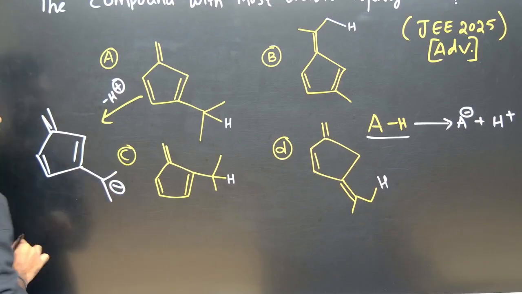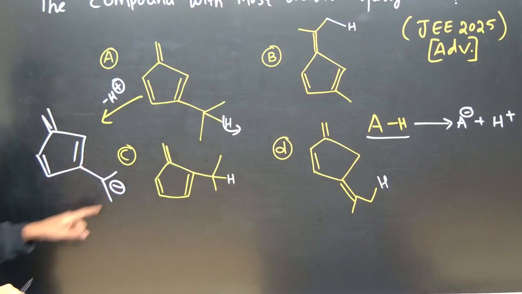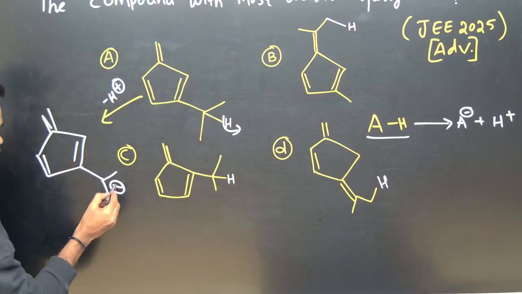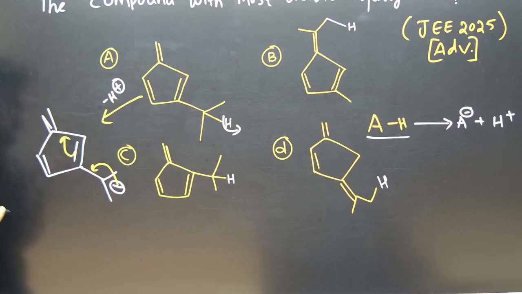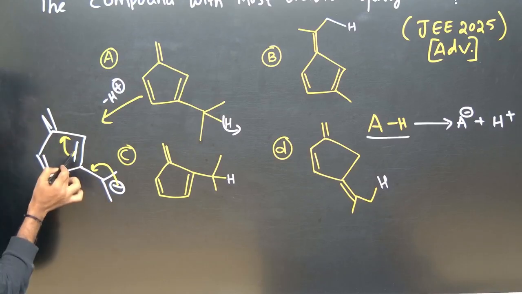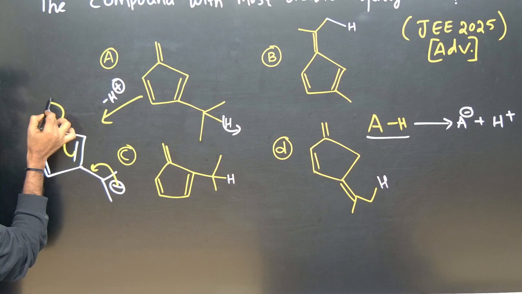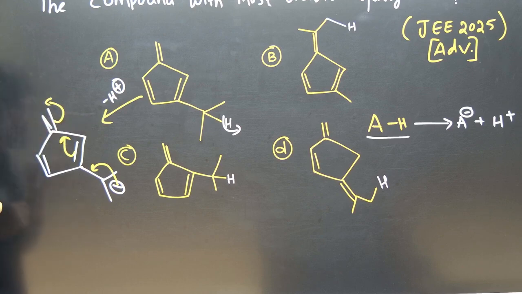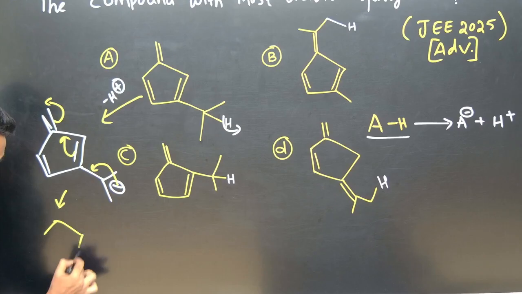So this is the conjugate base after releasing this H plus ion, right? Now this negative charge in the conjugate base is stabilized by resonating structures like this. Yes, it has cross conjugation. When the negative charge comes here, these pi electrons shift here, and it can delocalize with this external double bond, so that we get a stabilized resonating structure like this.